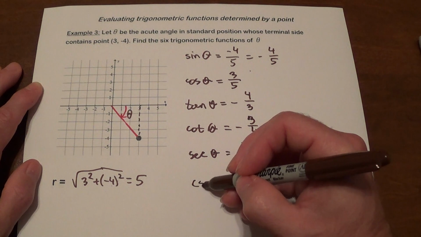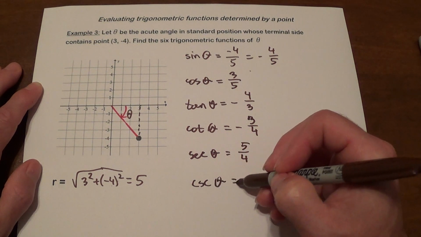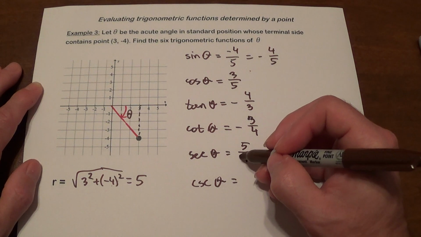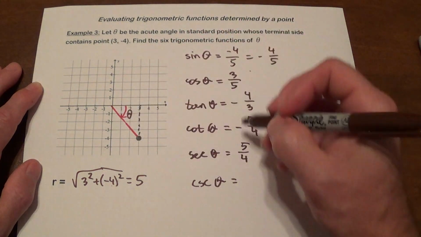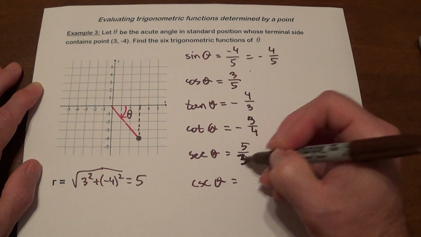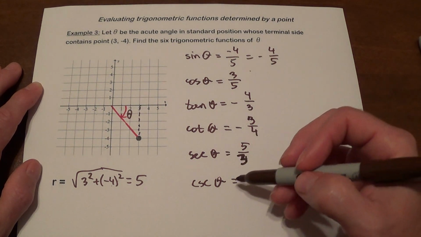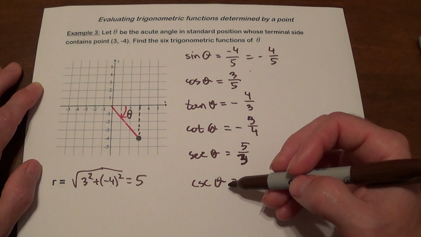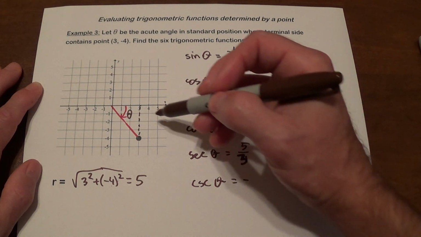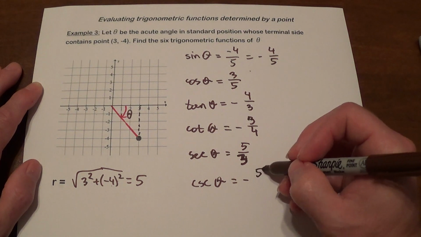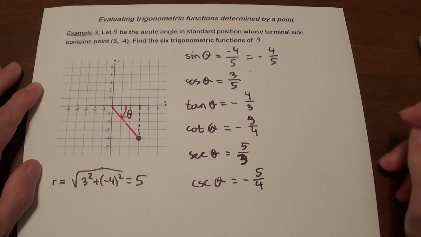And cosecant theta, no, I'm sorry, that's 5/3. Hold on. Yeah, this is 5/3. My apologies. And this one's going to be negative, so we do cosecant, that's hypotenuse over opposite. So hypotenuse over opposite, that's negative 5/4.